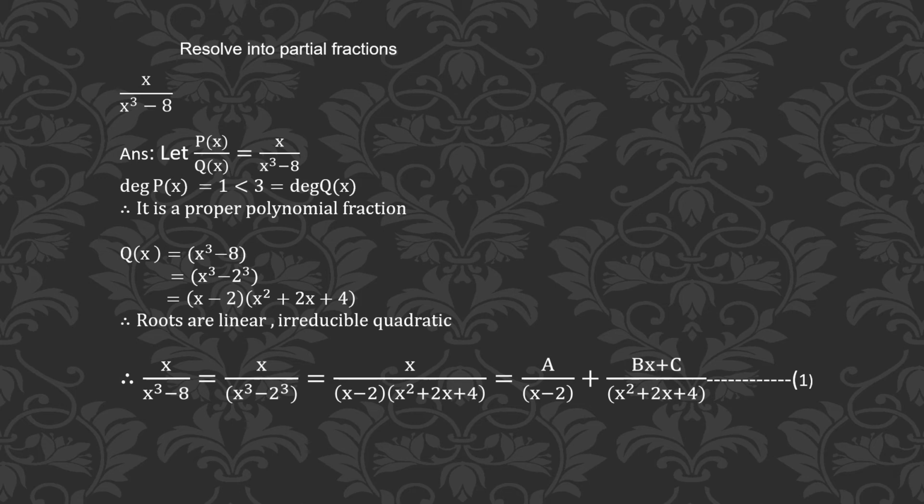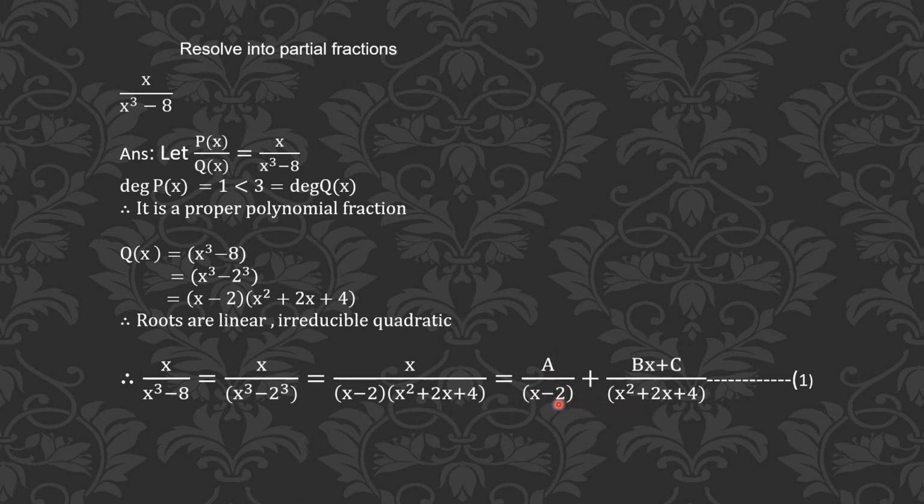Yes, the given fraction is x upon x cube minus 8. X cube minus 8 we can write as x cube minus 2 cube, and that we can expand as (x minus 2) into (x square plus 2x plus 4). Now there are two factors in the denominator, so there will be two fractions.